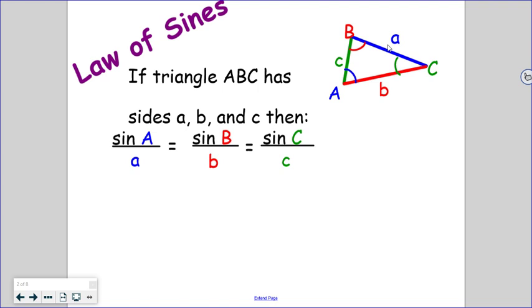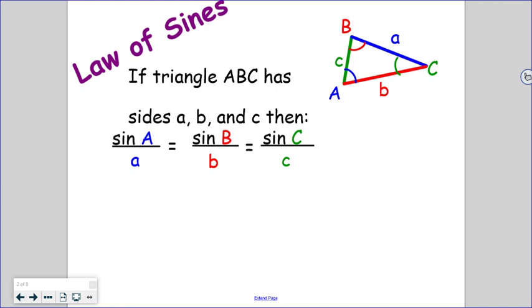So those are corresponding sides to angles. So we've got vertex B up here, the side across from it would be called little b, and then vertex C over here, the side across from it, little c.